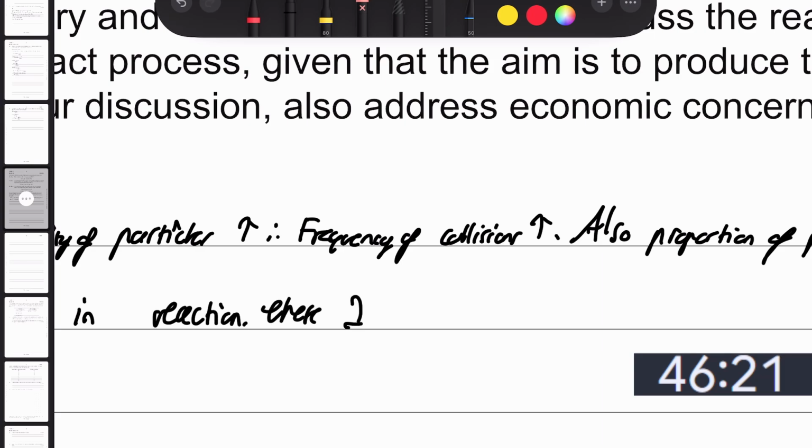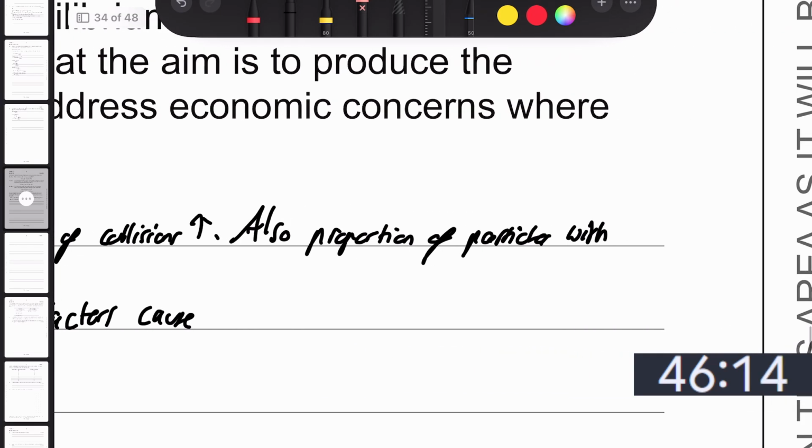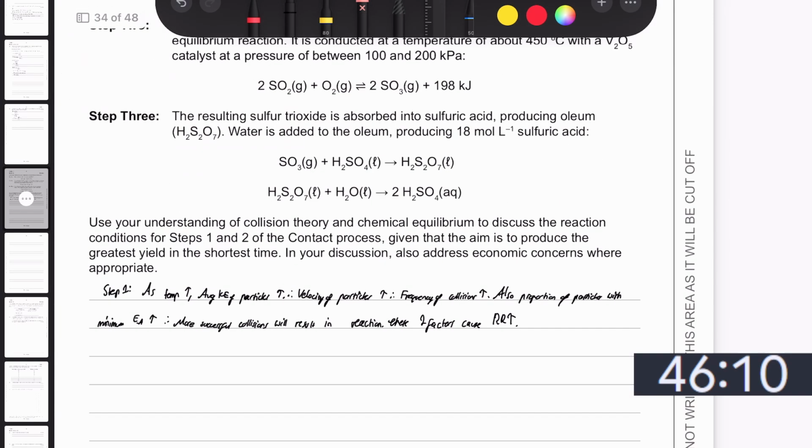So these two factors cause reaction rate to increase.